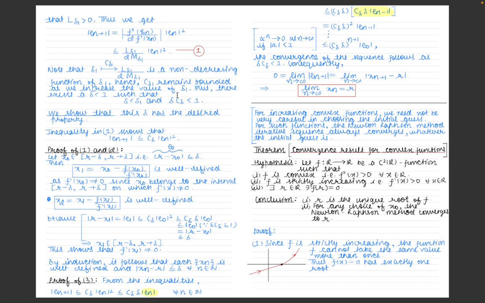So we have an inequality here. Let this inequality be 1. So what does it read? So inequality 1 shows that mod of en plus 1 is less than C delta mod of en square.